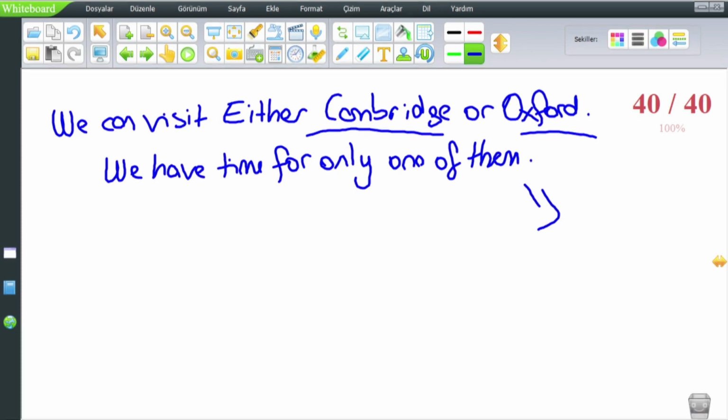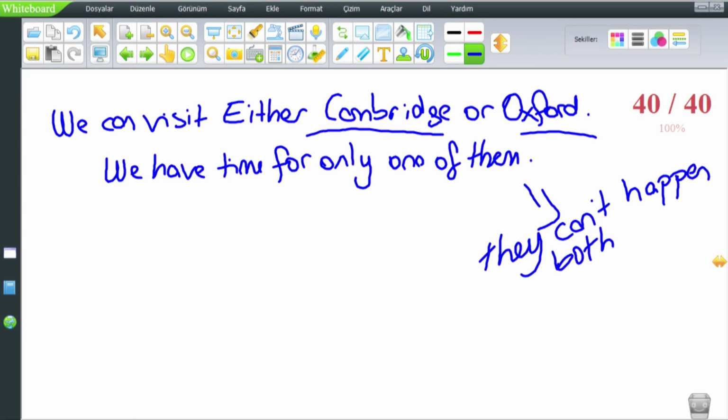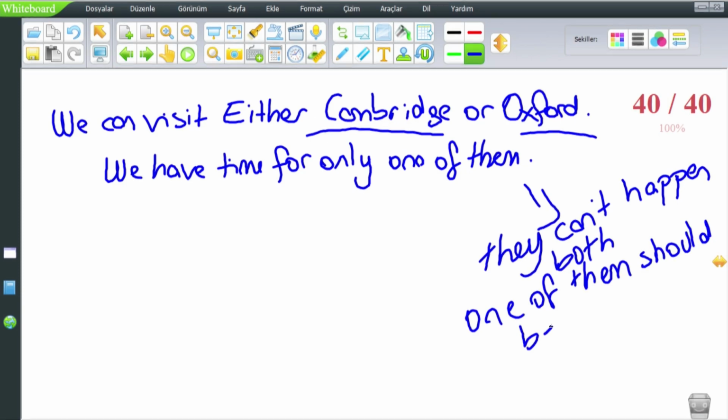We can either visit Cambridge or Oxford, but they can't happen both. They both can't happen. One of them should be true. Both of them are possible, but we have to choose one of them.